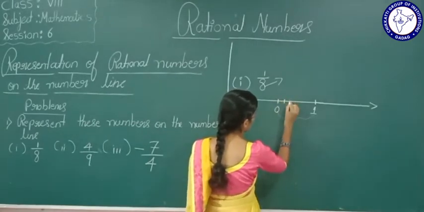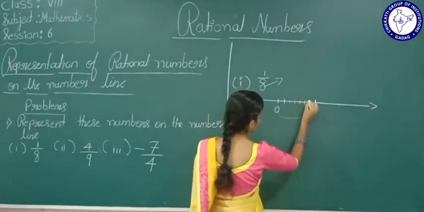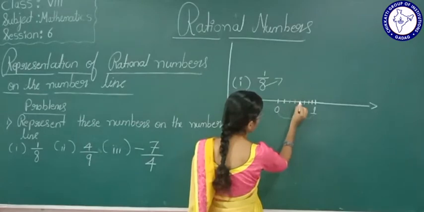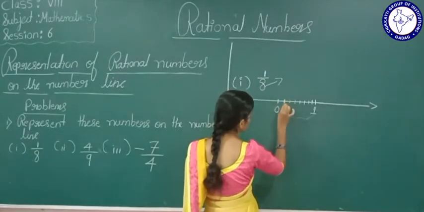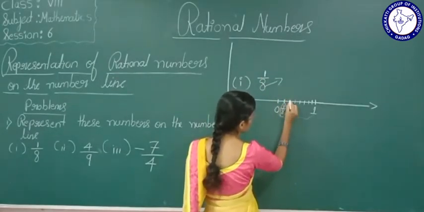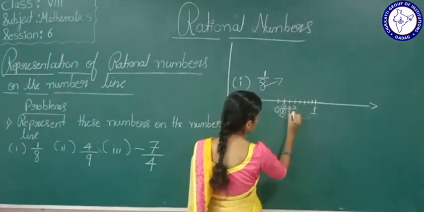1, 2, 3, 4, 5, 6, 7, 8. In 8 parts, how many are to be considered? 1. This is nothing but 1 by 8. What about this one? This will be 2 by 8. This is 3 by 8.